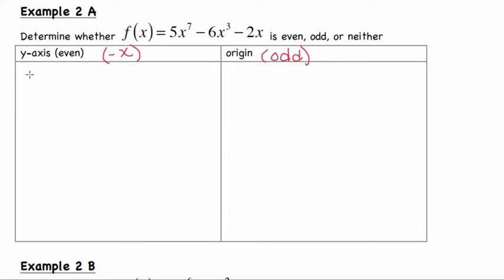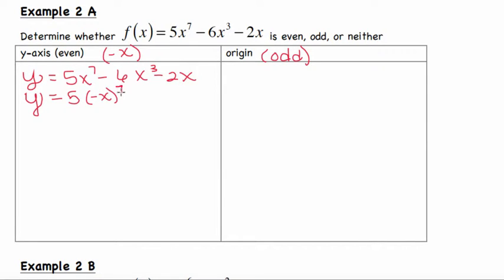And when I write down my function, I'm going to replace my f of x with a y, and then I write y equals 5x to the 7th minus 6x cubed minus 2x, and let's go ahead and substitute in our x's with a negative x. Make sure you're using parentheses, and then let's clean everything up.